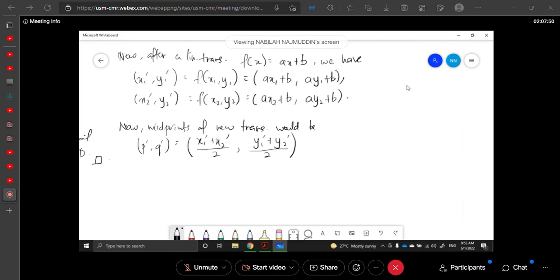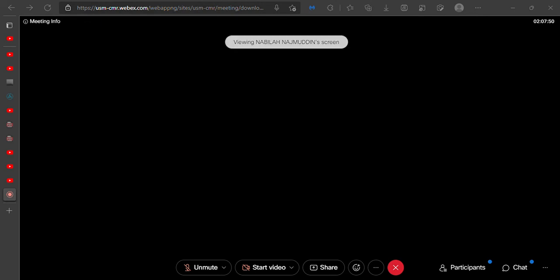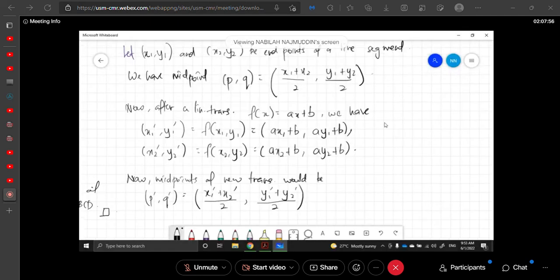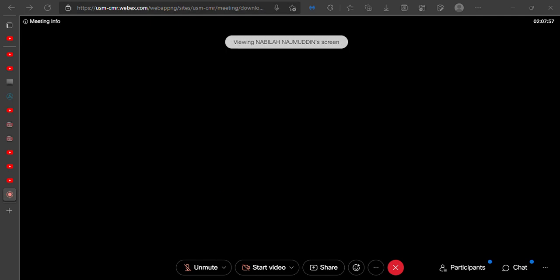Okay. So we want to see whether this midpoint will be equal to the midpoint of the original points of the first line segment, whether it is preserved.